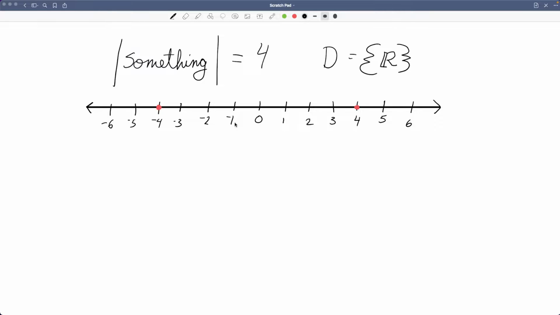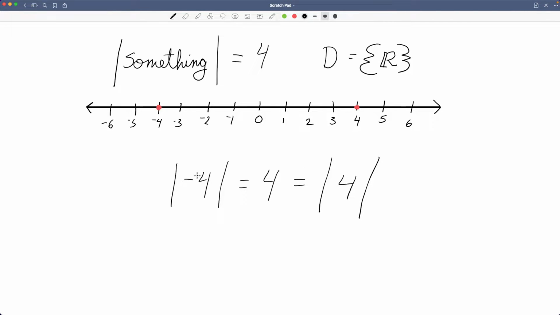From lesson 99, we recall that the absolute value notation with a variable usually implies two answers. For instance, if we had something here, let's say the absolute value of x is equal to 4, then x would equal either -4 or +4, because we know that the absolute value of either one of these would equal 4, right?